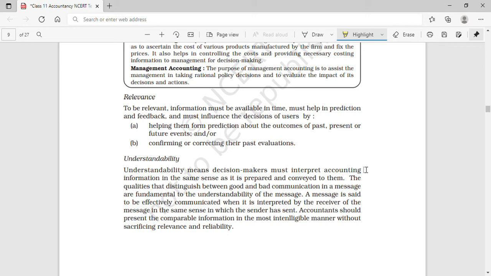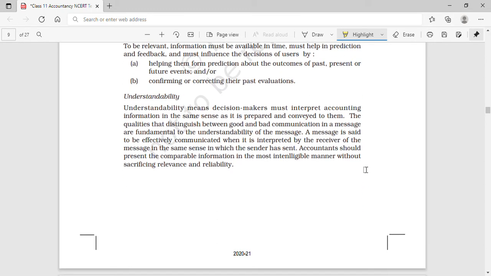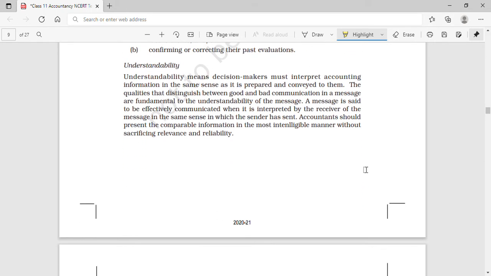It must help in prediction and feedback to influence who? Again, the useful decision makers. Then there is understandability. Accounts is a vast subject, and we are still at the start. But for managers to understand the information, it should be presented in an easier way so that it makes sense.